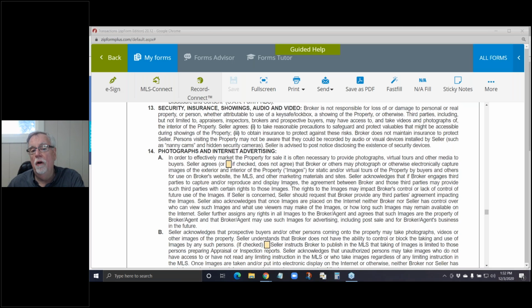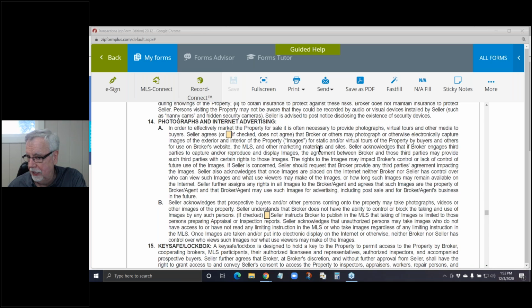They should know that their property is going to go on the MLS and the photos are going to go on the internet. Now I get asked a lot: the buyer buys the property and then the buyer wants to remove the photos. So the buyer says to the agent, say to me, well, how does my buyer get all the photos off the internet? I'm like, do you realize what you're asking? How to get something removed from the internet?